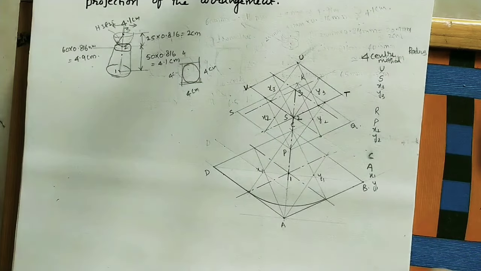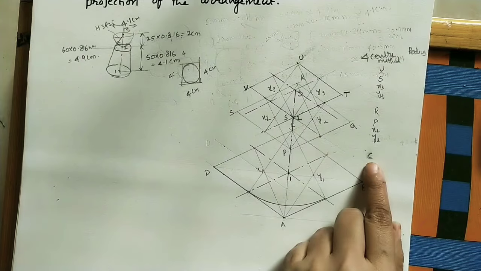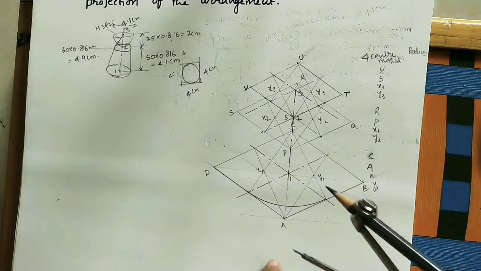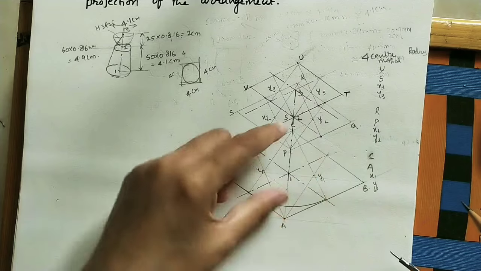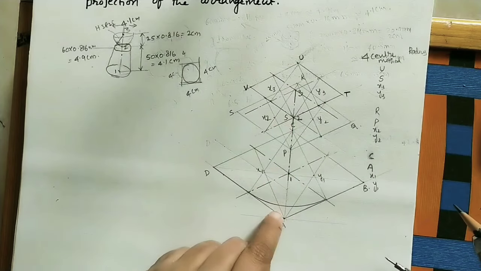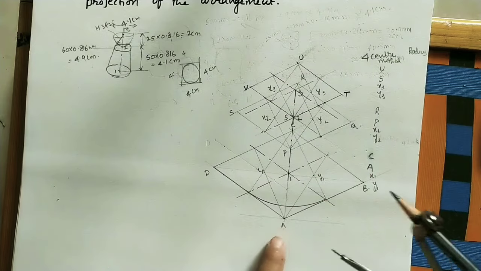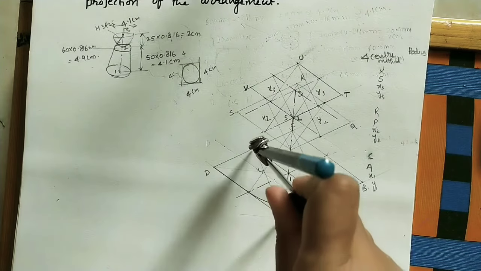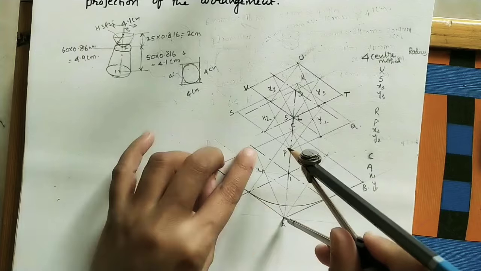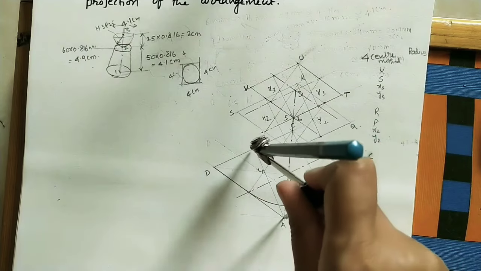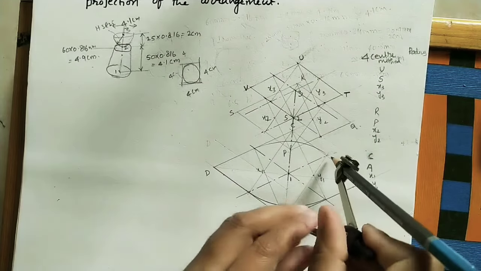Like this. After C center, take A center, next center A. So this C and A are the shorter distance length 2 ends. Initially C is the center, next center is A. A center, take the same length, whatever this length, the middle point we have joined. Take the same length, join this point to this point.